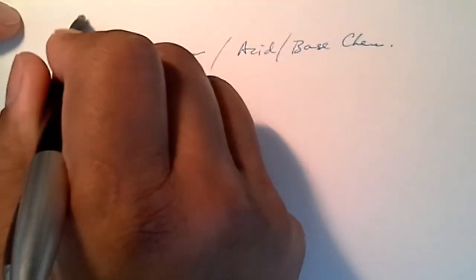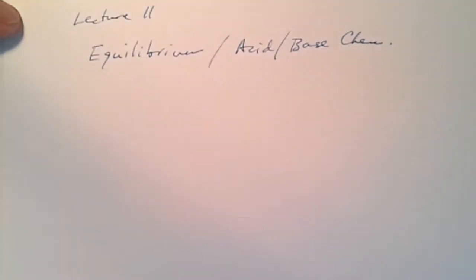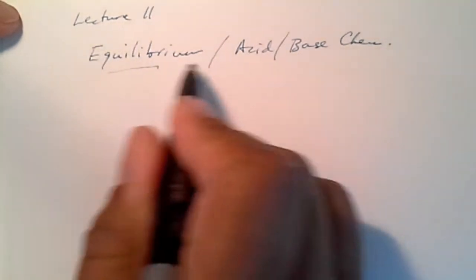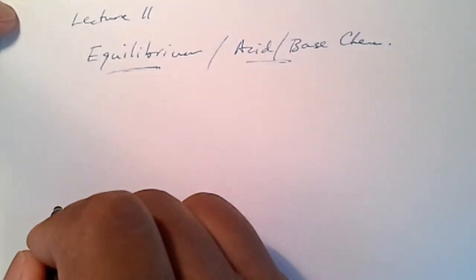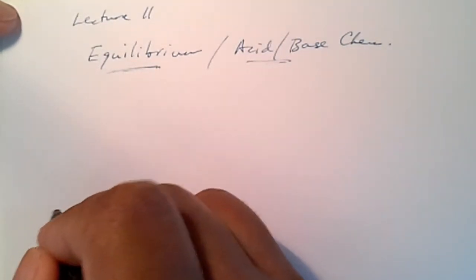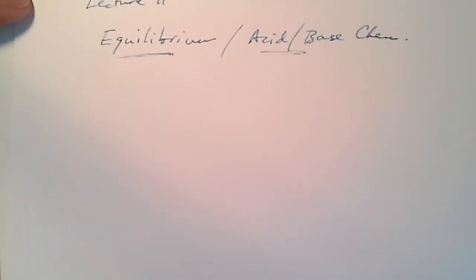I'll also include acid-base chemistry as well, where I think we're looking at lecture number 11. So we'll look at equilibrium, and then also equilibrium as it concerns acid-base chemistry and some other applications.